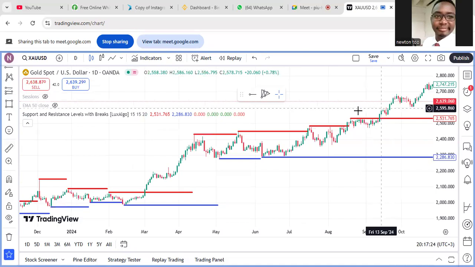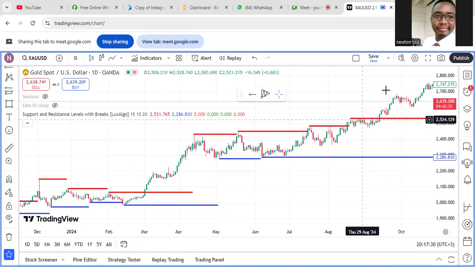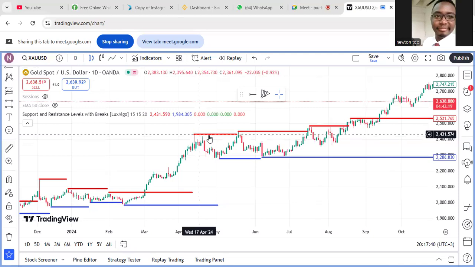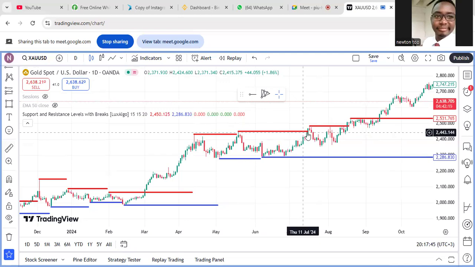So this means if the market has broken this line here, we're expecting something called a retest. It's called a retest. Also here, it gave you this one, and the market came exactly there, then came down. Then here again, it reacted and came down.